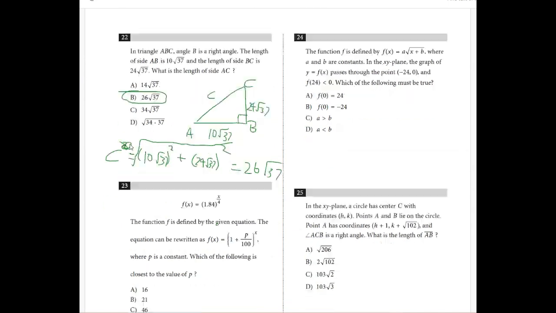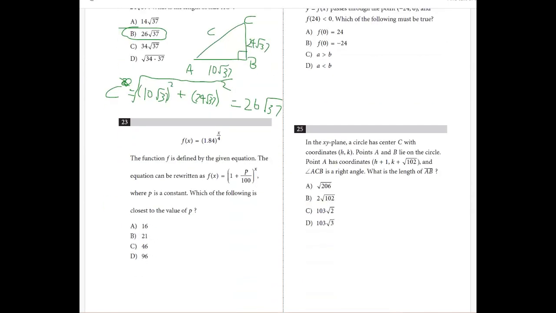Okay. And moving on to 23. The function f is defined by the given equation. The equation can be rewritten as f of x is equal to whatever this is, where p is a constant. Which of the following is the closest value of p? Okay, be very careful here because these two are not in the same format.